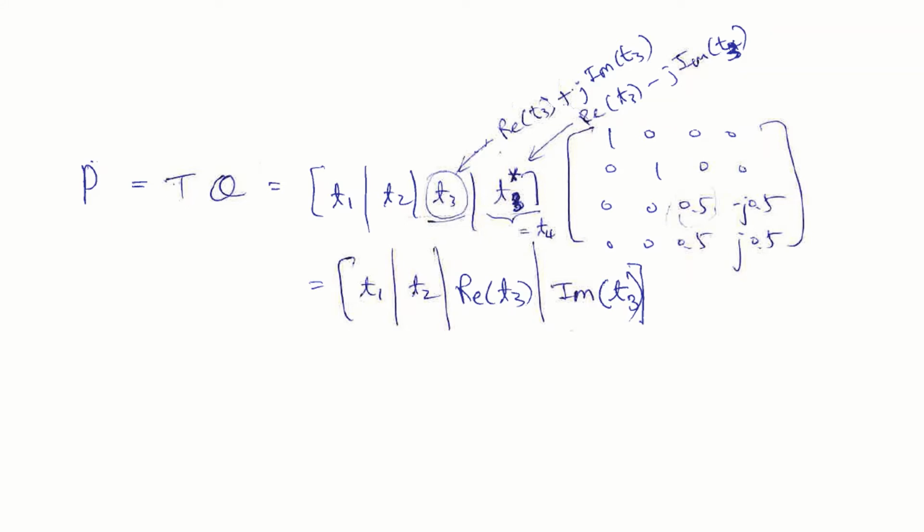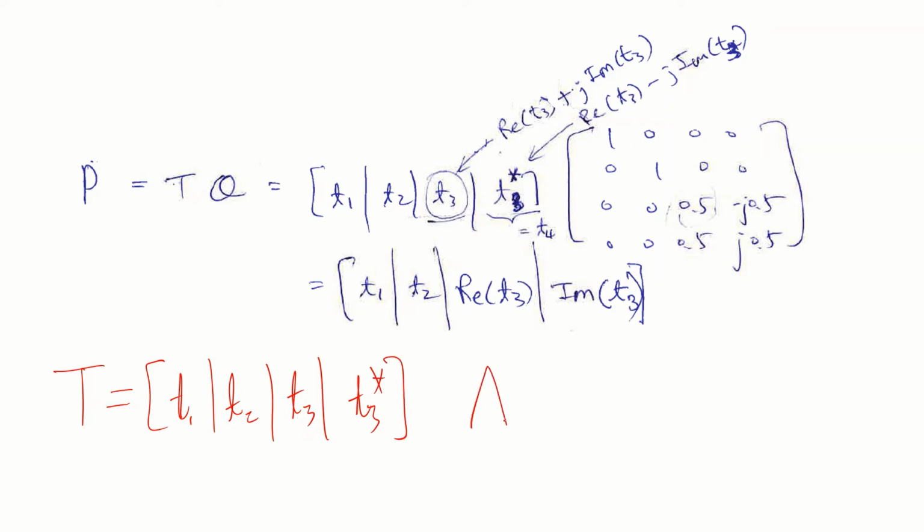The idea is the following. From T, you've got T1, T2, T3, and T3 star, and the initial lambda will be lambda 1, lambda 2, lambda 3, and lambda 3 star.